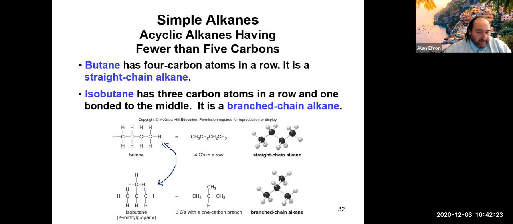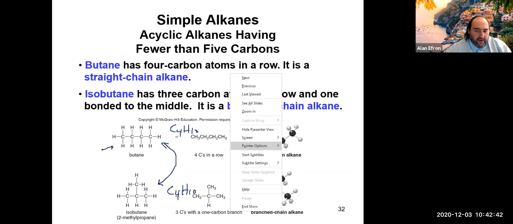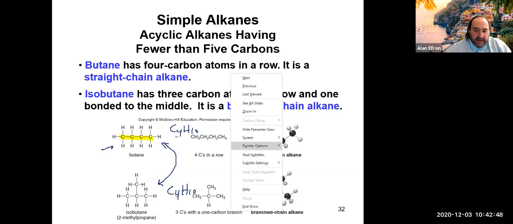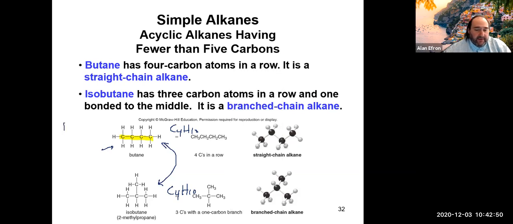If we count up everybody, this one has 4 carbons and 10 hydrogens. If you count the one on the bottom, it also has 4 carbons and 10 hydrogens. But they actually do have 2 different names. This one here is 4 carbons straight in a row: 1, 2, 3, 4, nothing else attached. This is what is known as butane.